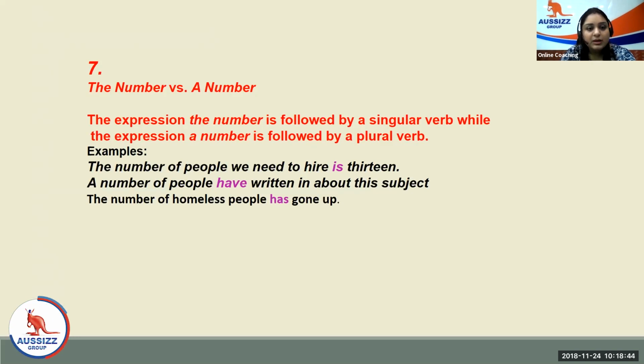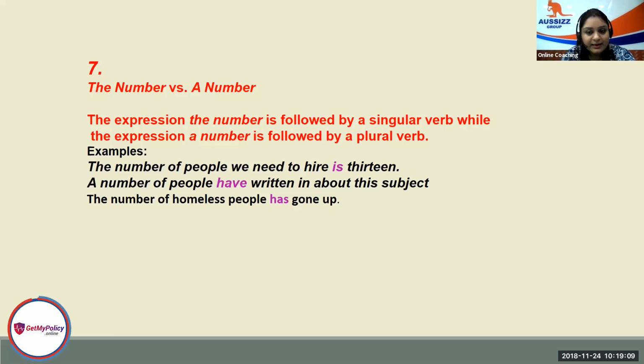For example, the number of people we need to hire. Here, you utilize this in the form like the number of people. So the number of people is, a number of people are. Okay. So the number of people we need to hire is 13. A number of people have. Plural. A number takes plural verb. The number takes singular verb.